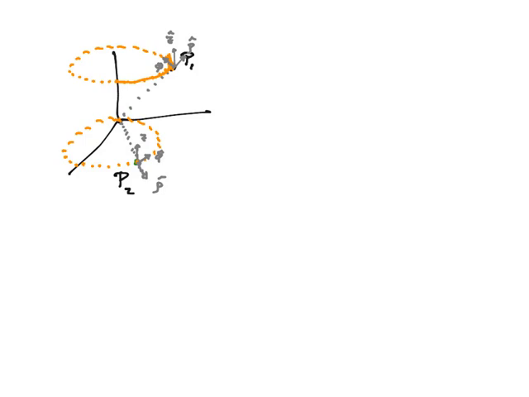So, for instance, let's say I want to know my rho hat direction. What is the unit vector in the rho hat direction? That's the radially outwards direction.